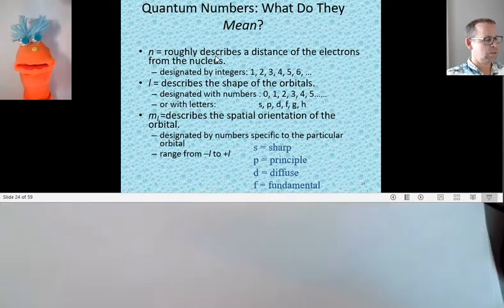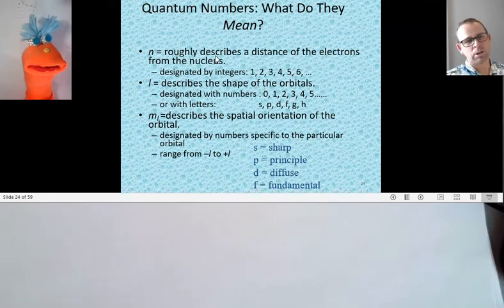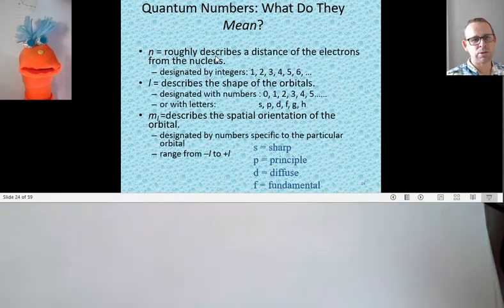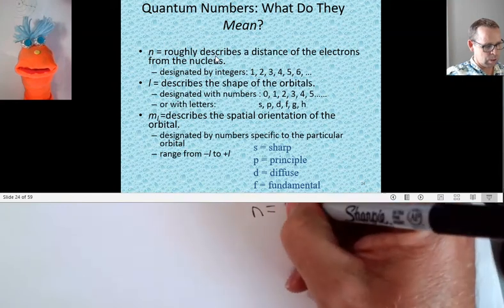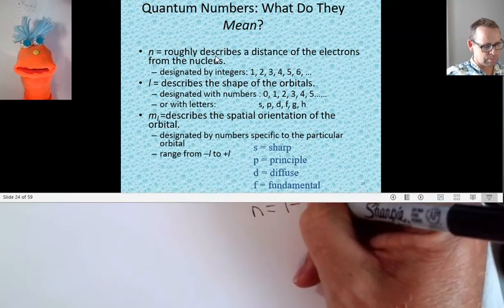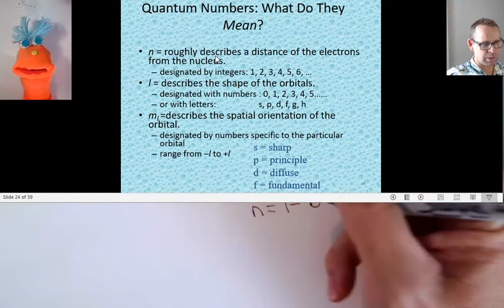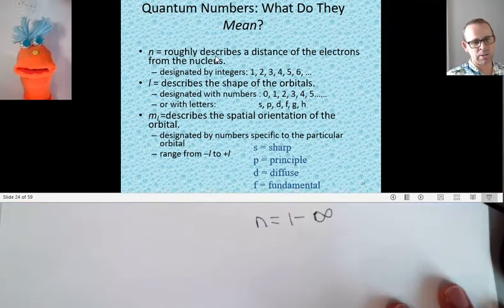L, on the other hand, can only equal a value from 0 up to 5, 6, or whatever, but it'll always be less than our n value for a given electron. For example, n can equal 1 through, they generally say infinity, but you don't get values much higher than 7 or 8.